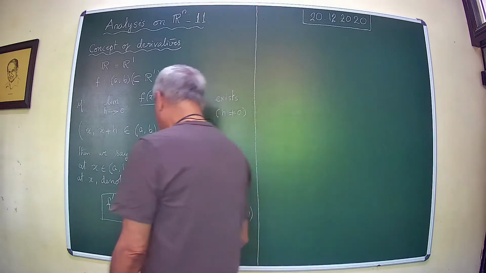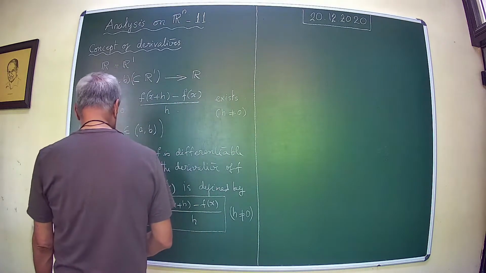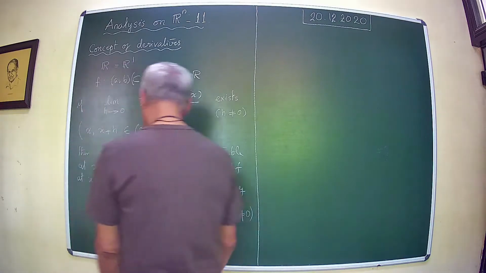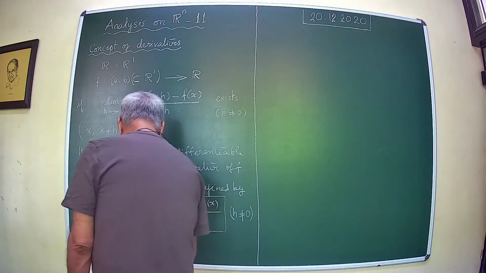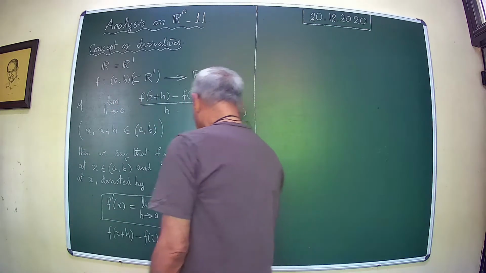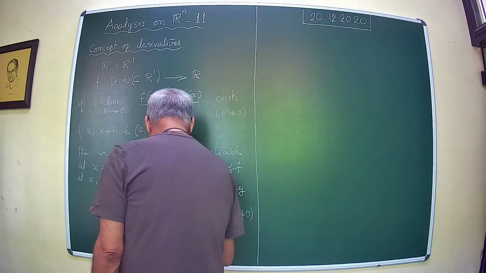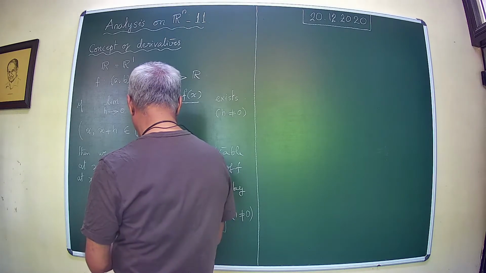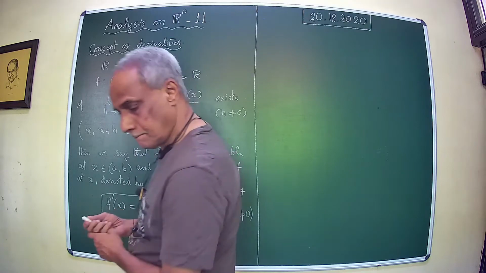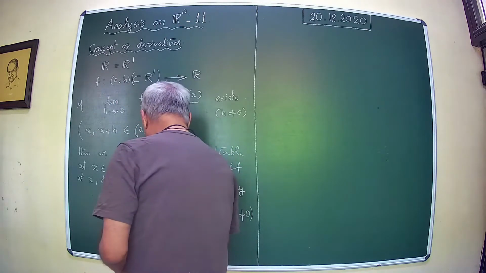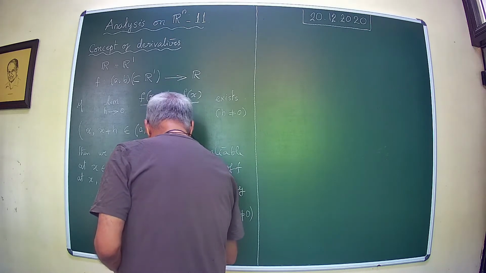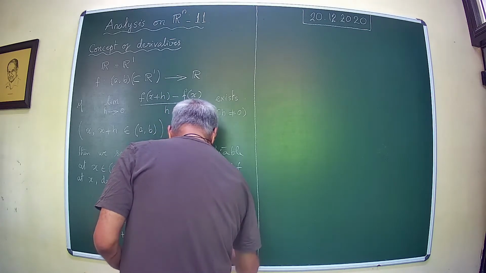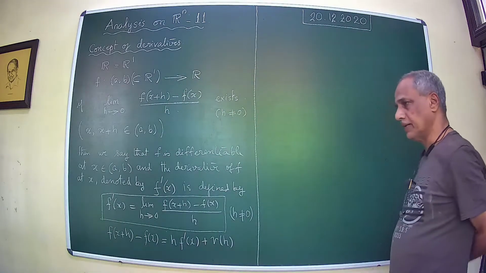Now you see that this means the following: f(x+h) - f(x) = h times f'(x) plus an error term R(h), which is a function of h, and x of course, defined at the point x, which we shall not mention there.